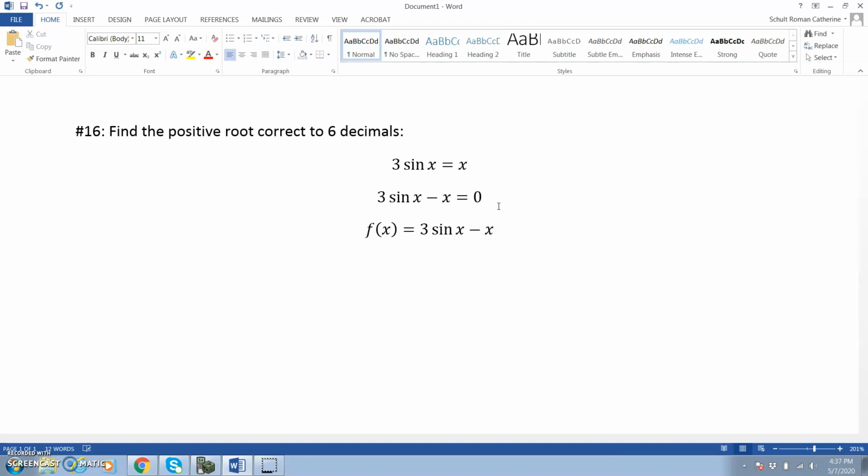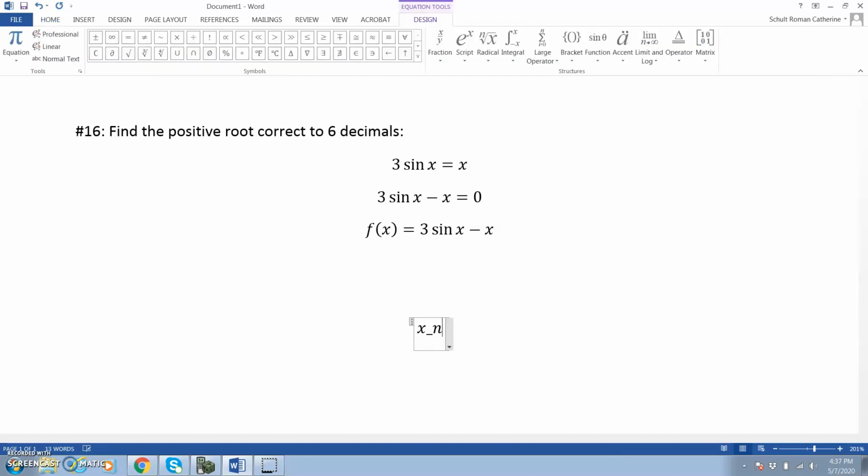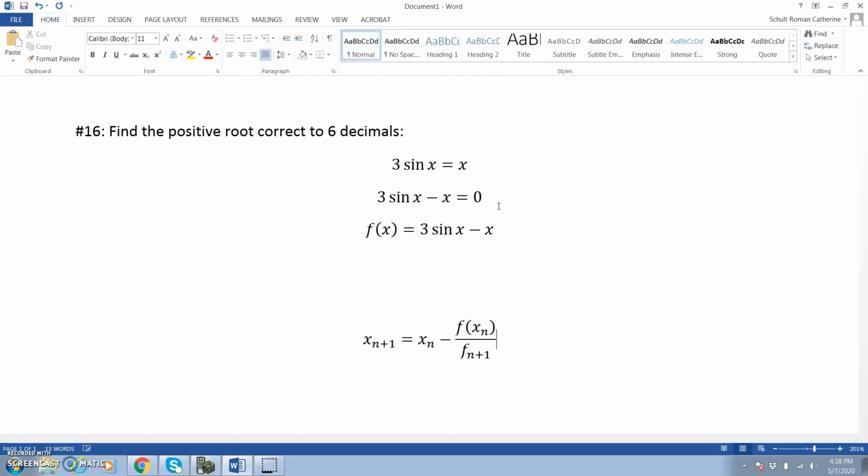Okay, so remember with Newton's method, give me a second so I can write out the formula in Word. It's always nice to write out the formulas because then you know exactly what you have to find. All right, so there you go.